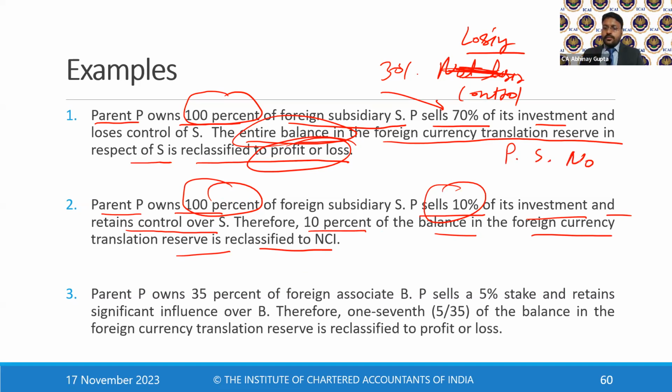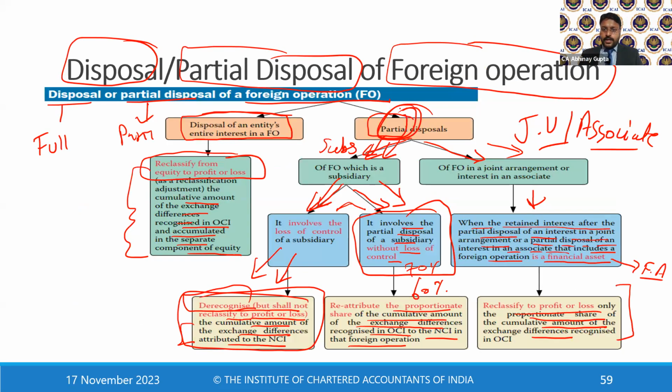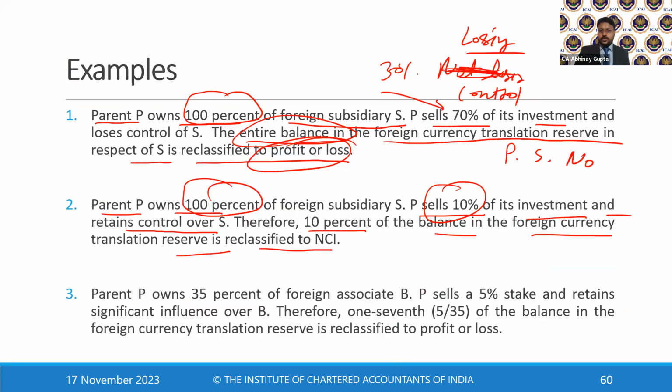Losing control, no. So we will do a proportionate adjustment from the cumulative foreign exchange gain or loss from OCI to NCI, non-controlling interest. So we will create a 10% NCI instead of having 100% in OCI, right?